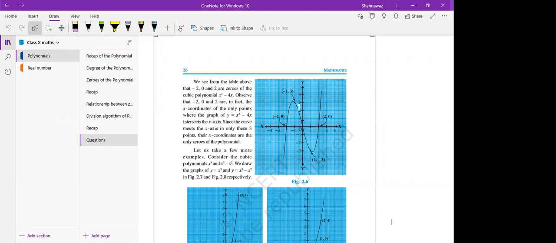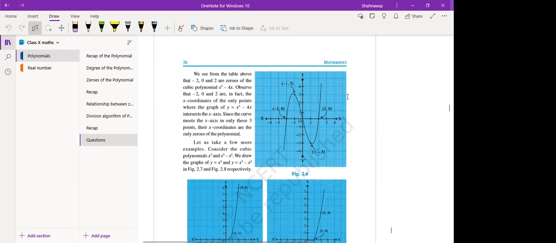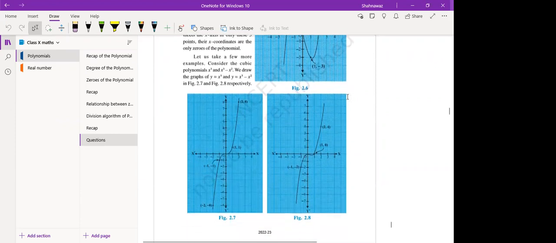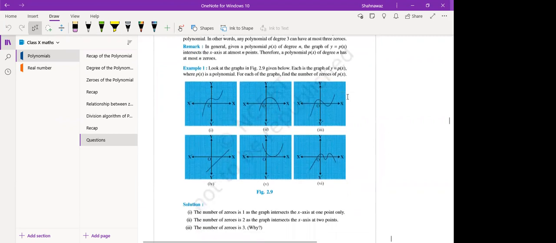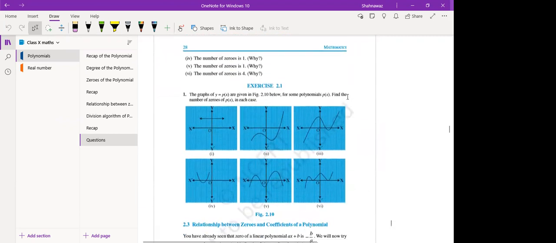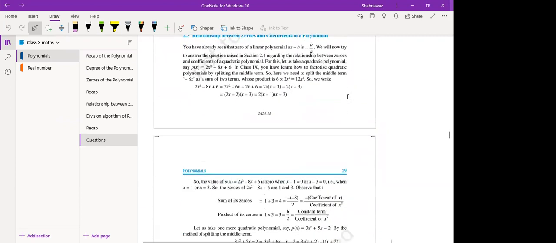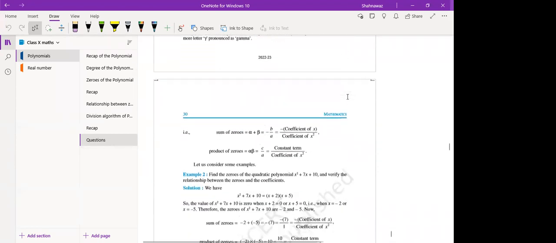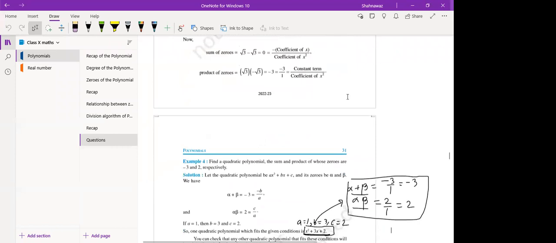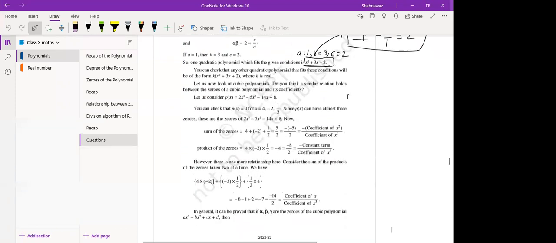To show the zeros. Right, you are remembering. We did this, done, done, done.